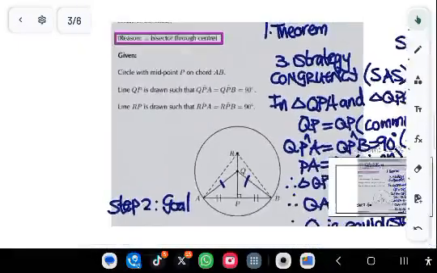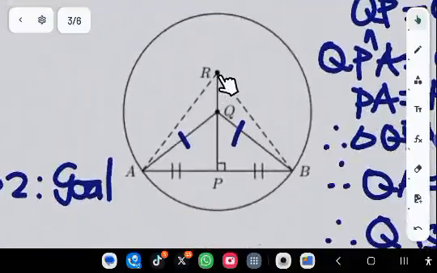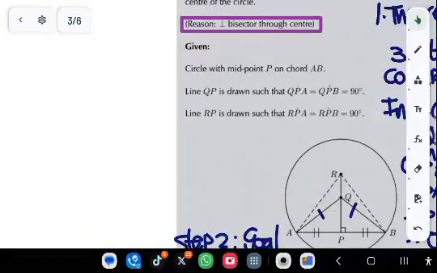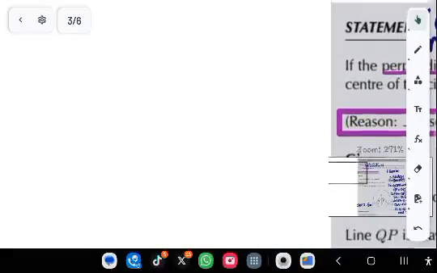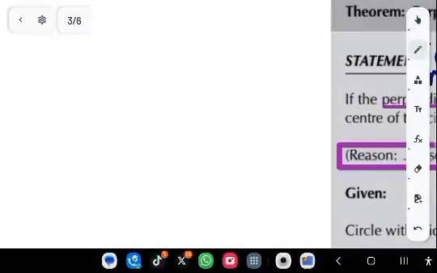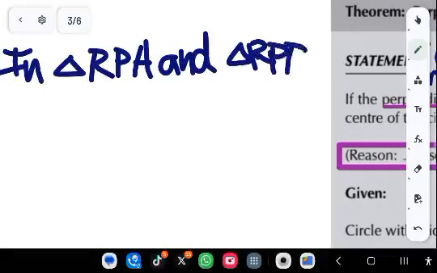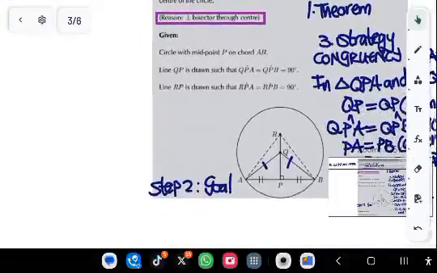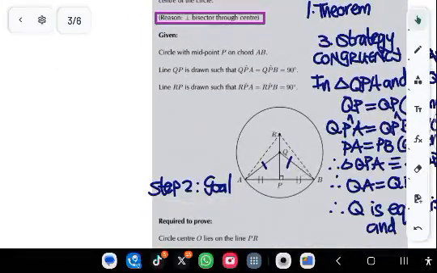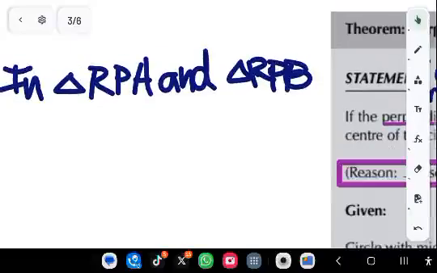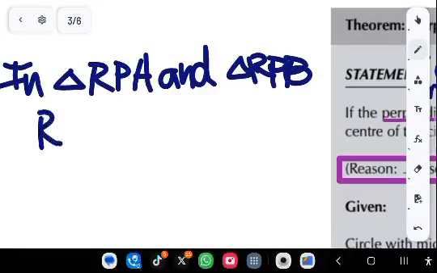Now let's do the same and prove that R is equidistant to A and B. Let's do that. In triangle RPA and triangle RPB, RP is common. RP equals RP.